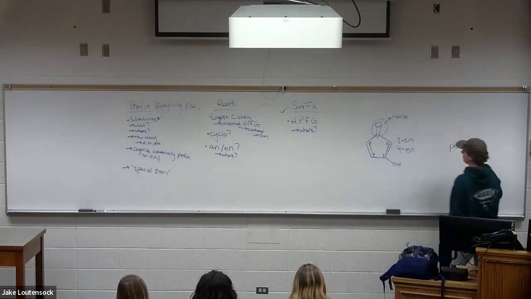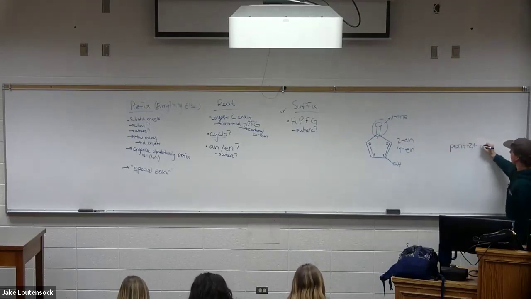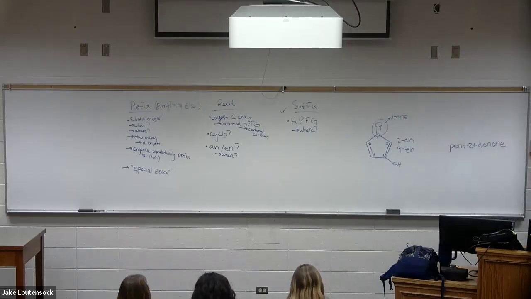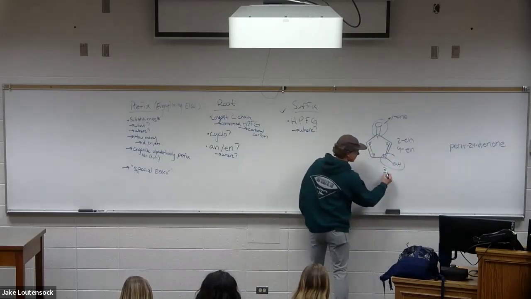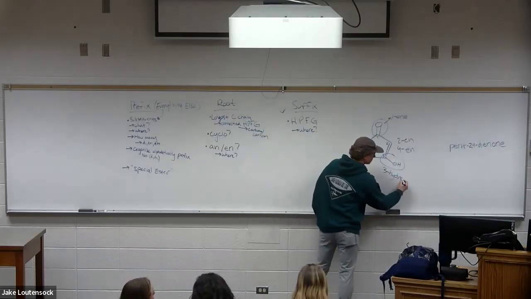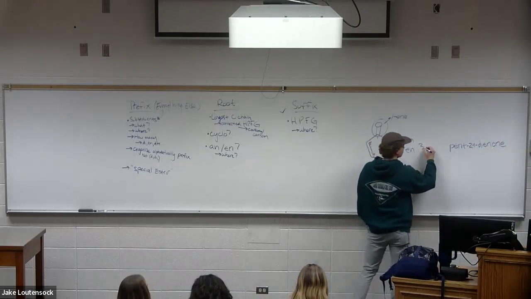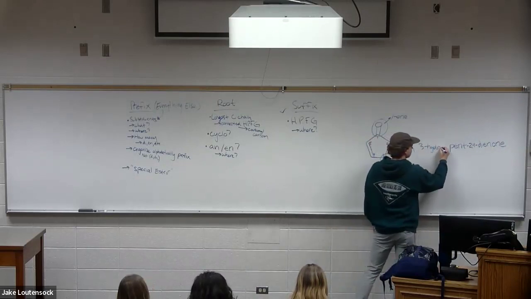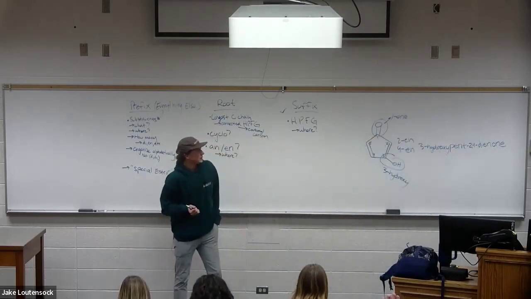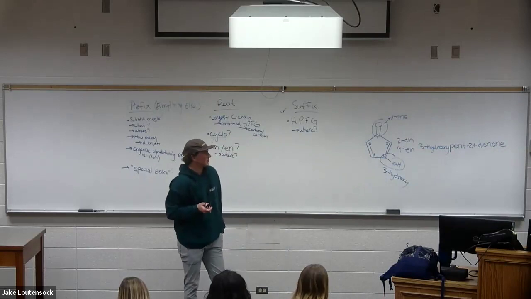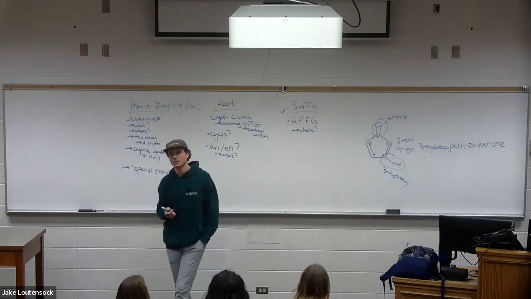One's at the 2 carbon, one's at the 4 carbon, you have 2 of them. And then what else haven't I named yet? Looks kind of ugly, but that's how you do it.